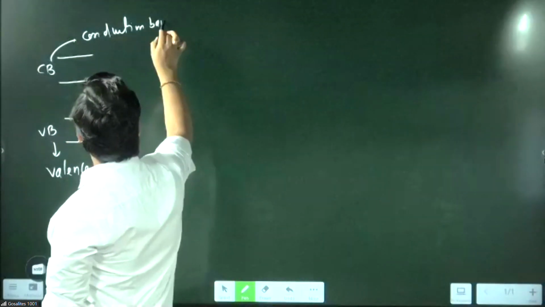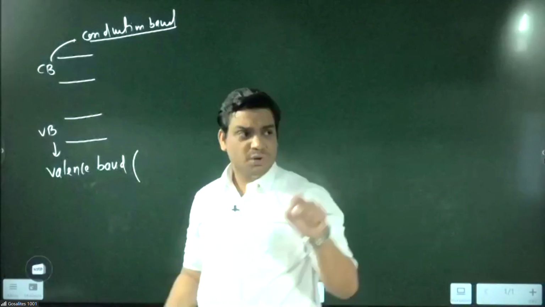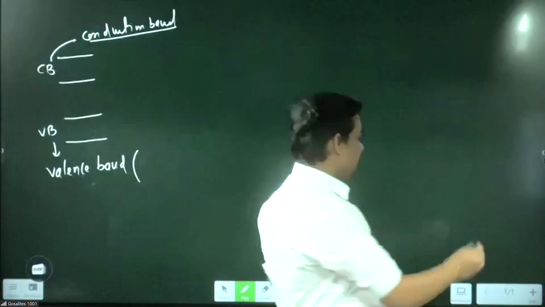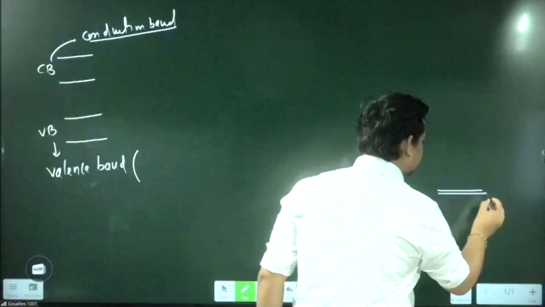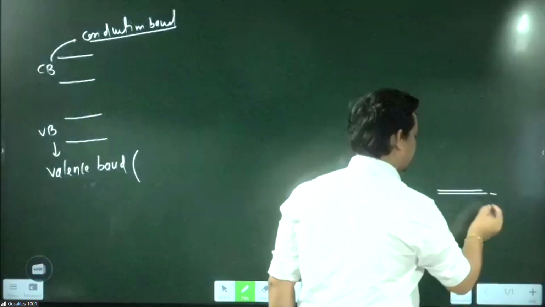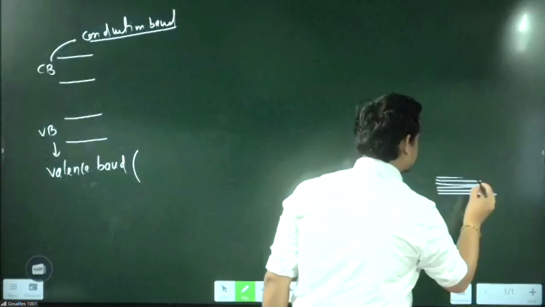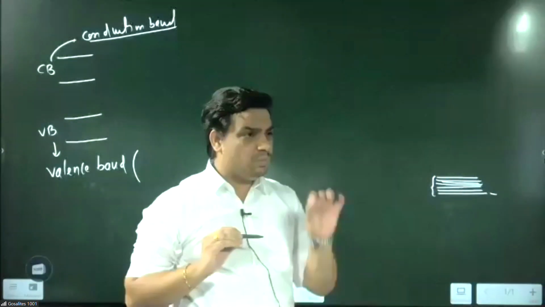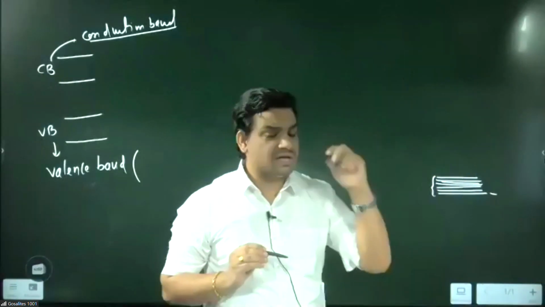Now, what is the meaning of a band here? Band means when we have one energy level like this, we can say this is the energy level. And when we have a set of energy levels like this, the set of energy levels becomes your band. When one atom is there, that is the energy level.